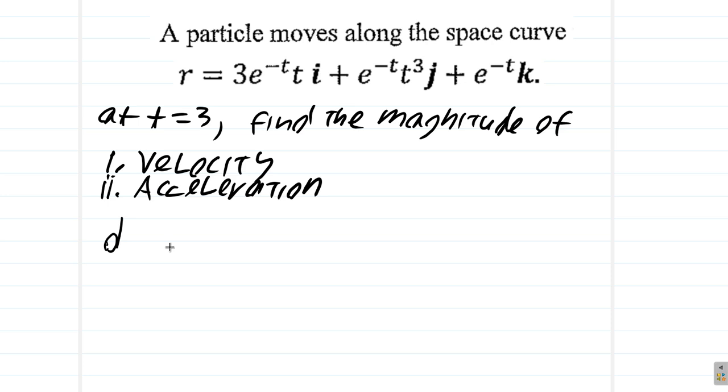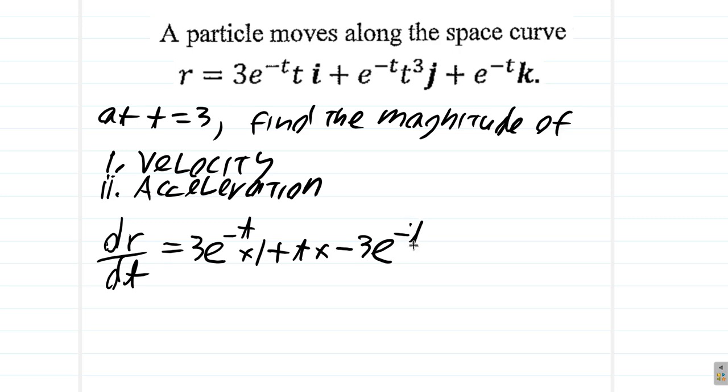So dr by dt is equal to, for this part, you hold 3e to the negative t times the derivative of t, which is 1, plus you hold t times the derivative of e to the negative t, which is negative 3e to the negative t.